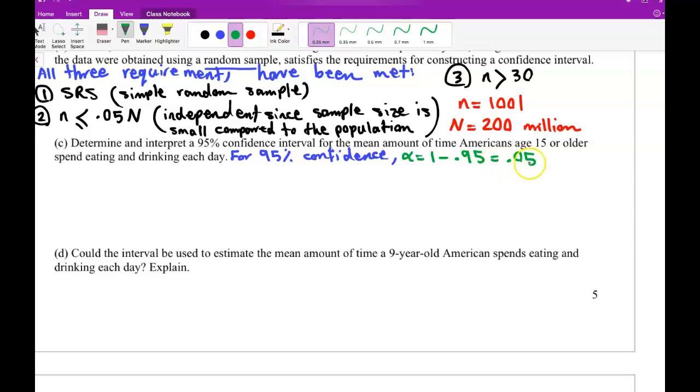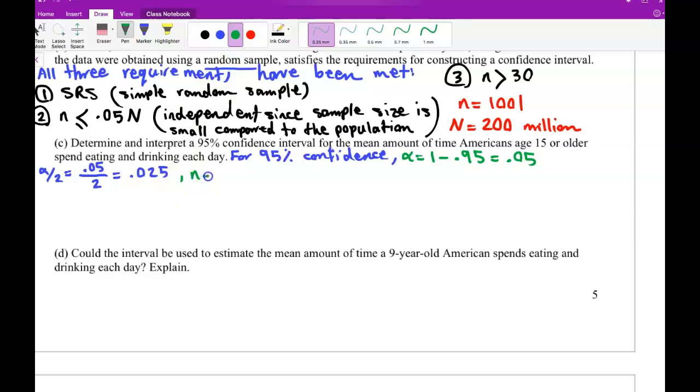Now using this 5%, alpha divided by 2, 5% divided by 2 is 0.025.